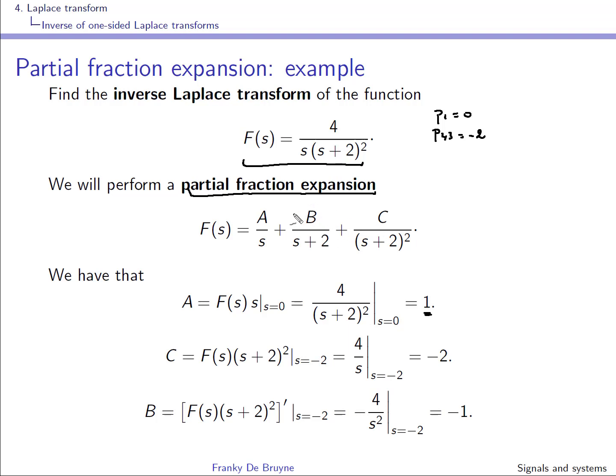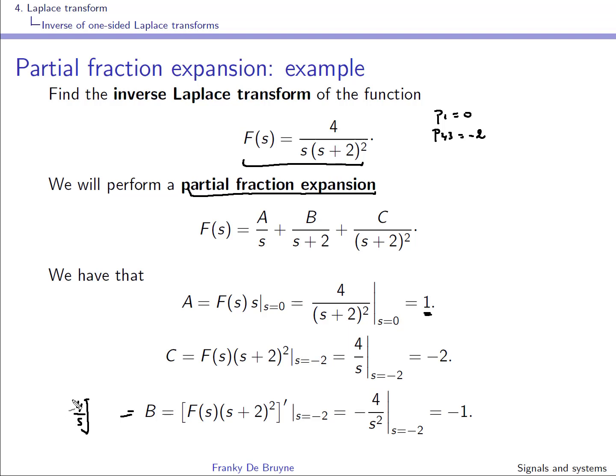And to obtain b, this is the C1 coefficient of the previous slide. What you have to do is multiply by (s plus 2) squared, hide this term, and we are left with 4 over s.